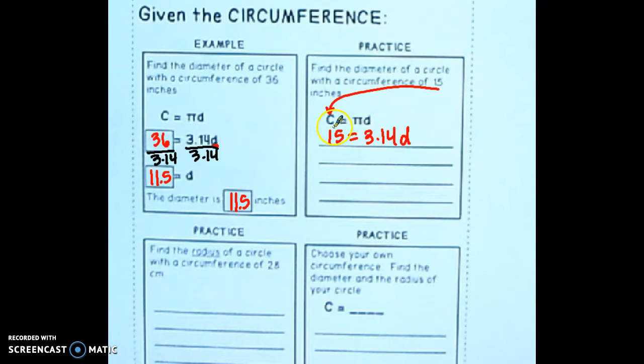We do the inverse operation. This is just like one-step equations that we did at the beginning of the year. Divide by 3.14 on both sides. And you get 4.8. So our diameter is 4.8 inches, 4 and 8/10 inches.